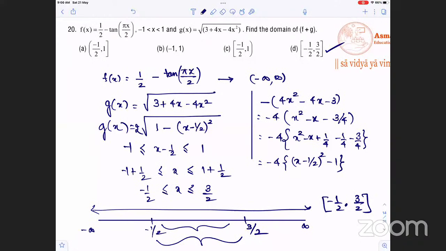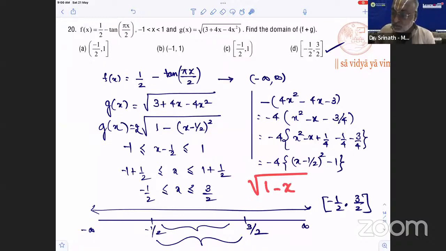Why should it lie between plus 1 and minus 1? Very good, good question that you have asked. Suppose I put root of 1 minus x square. In this, if x square is greater than 1, it will become root of a negative number.